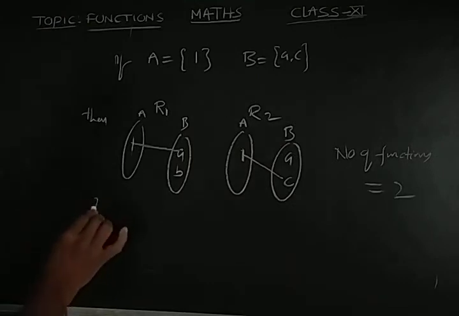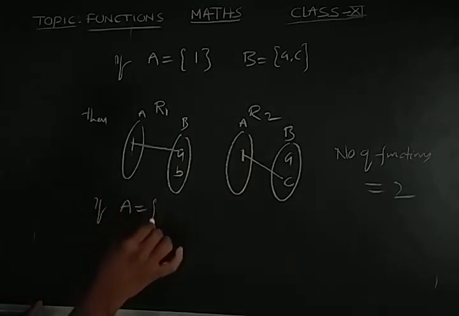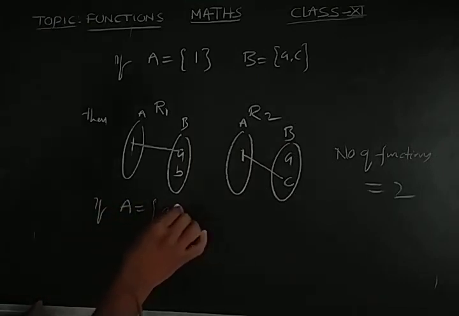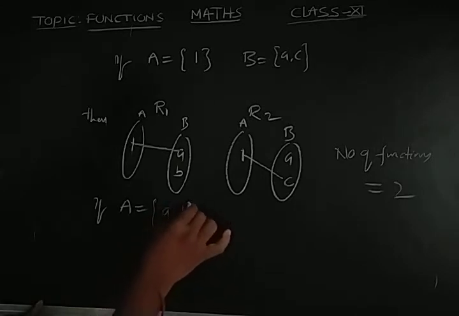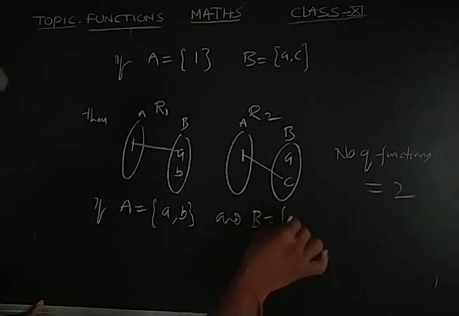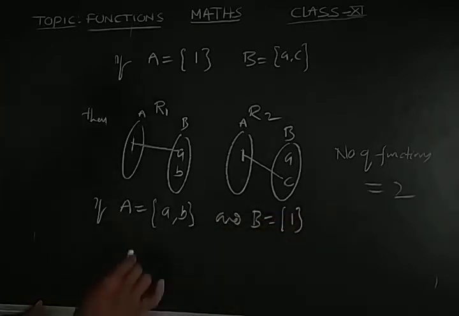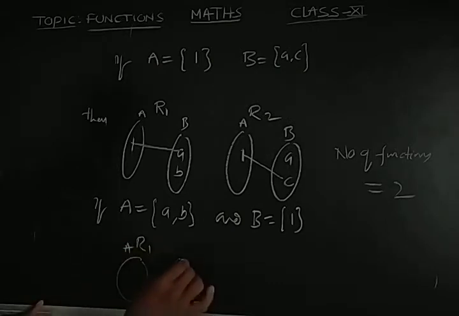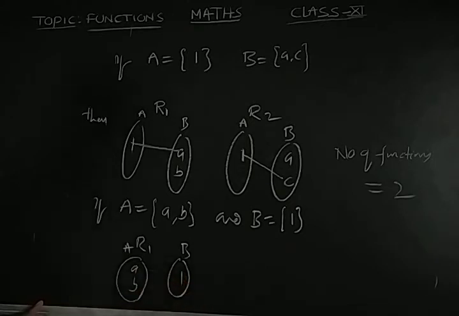Suppose I am taking A with 2 elements, A comma B, and capital B I am taking one element. Let me check. Let me take one relation from A to B. A has A comma B and B has only one element. Is it a function?